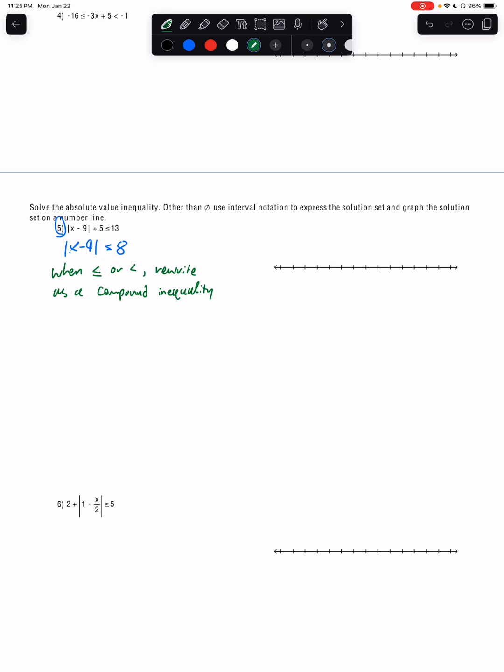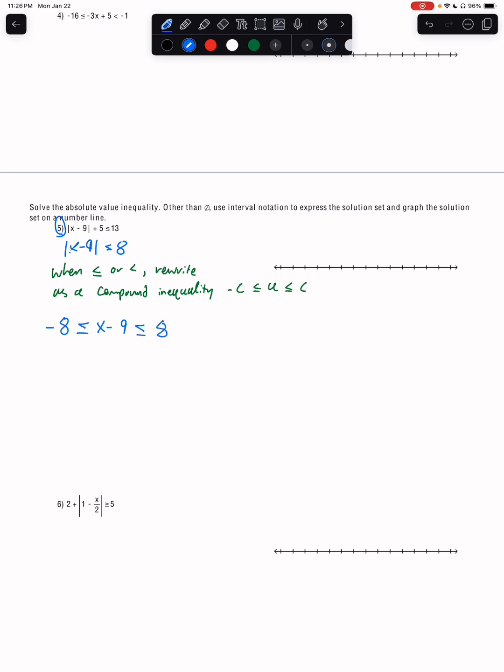The compound inequality would look sort of like this, the way to express it. It's just going to be taking what's on the right side, have a negative on the left, positive on the right, and the expression in the middle. So what that looks like for our problem, probably an easier way to visualize it, just negative 8. So we took the positive 8, made it negative, less than or equal to x minus 9, which was in the absolute value, is less than or equal to positive 8.